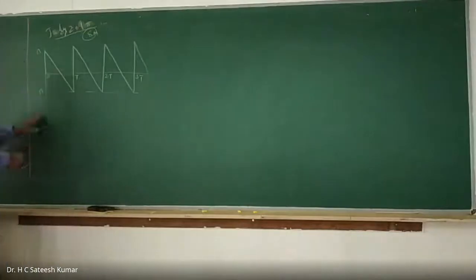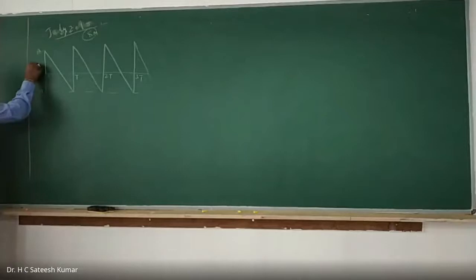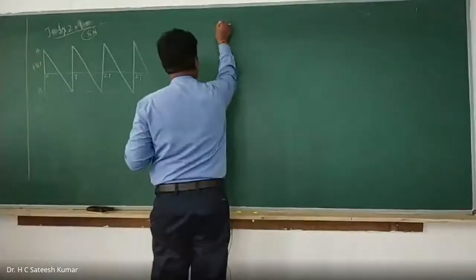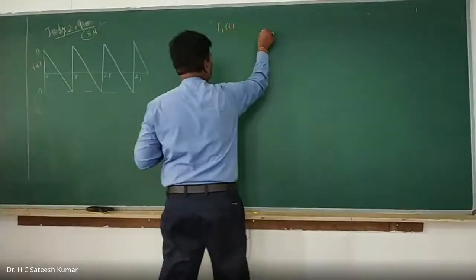Okay, right. So now what is that we have is, here, this you call it as f of t. Let f1 of t be this one only, one cycle.